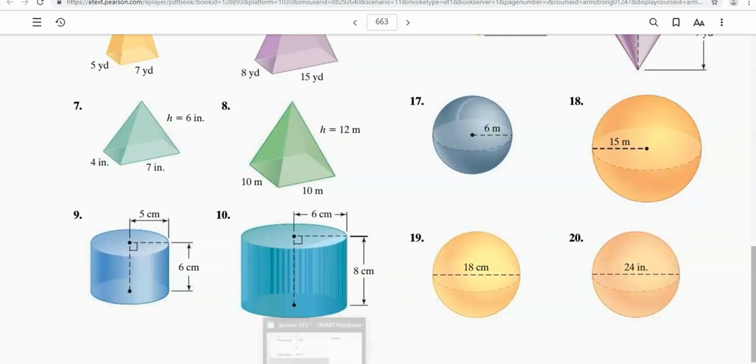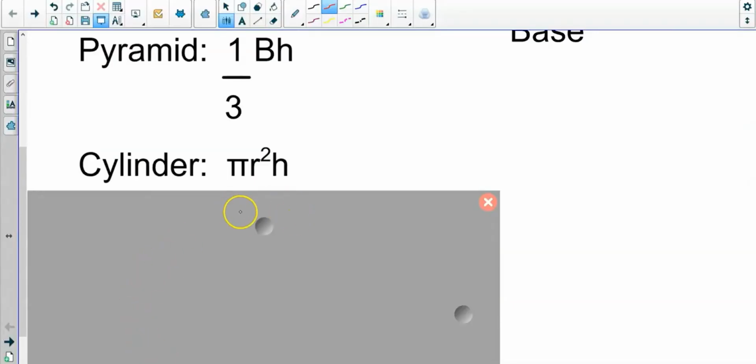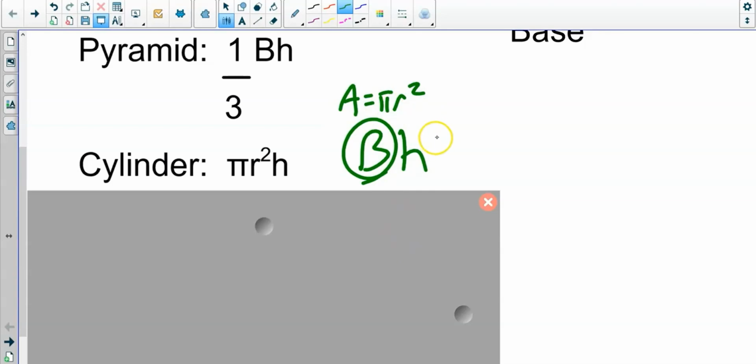And so, as I said, a cylinder is just the prism formula in disguise. Big B times H. But again, we just talked about this. The big B is all about the area of a circle, which is pi r squared. So we just substitute it in. So that's what you get here. To find the volume of a cylinder, pi r squared H. Because this guy right here represents big B.